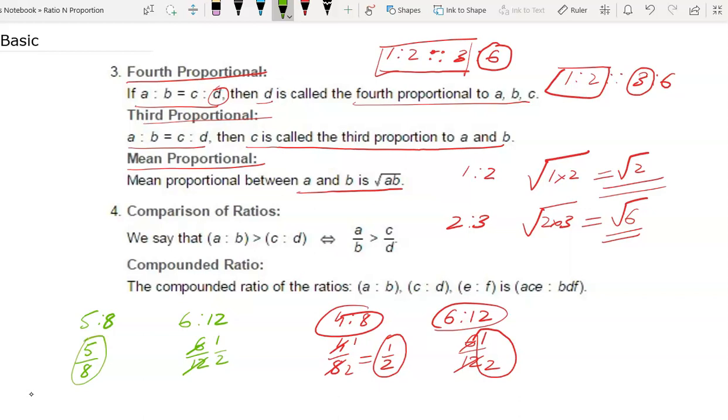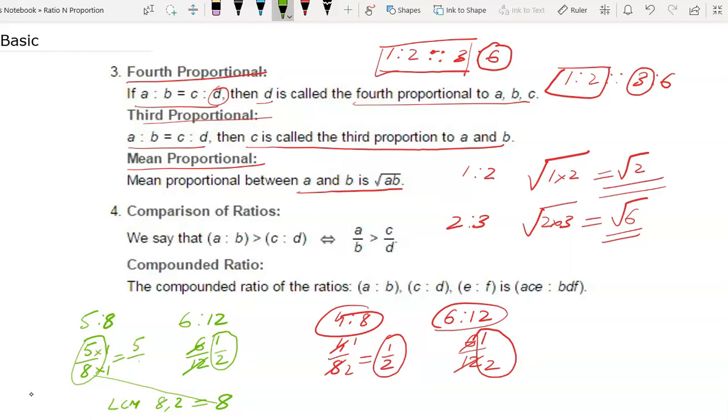So here we have 5 by 8 and here 1 by 2. Now if we need to compare, we will take the LCM of the denominators. So the denominators are 8 and 2. LCM of 8 and 2 will be 8. So 8 ones are 8. So we will multiply this by 1 and this also by 1.